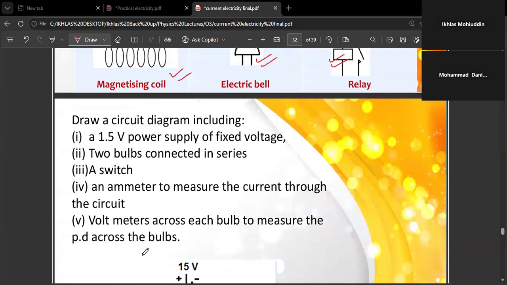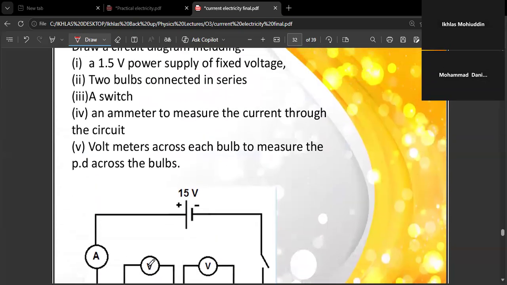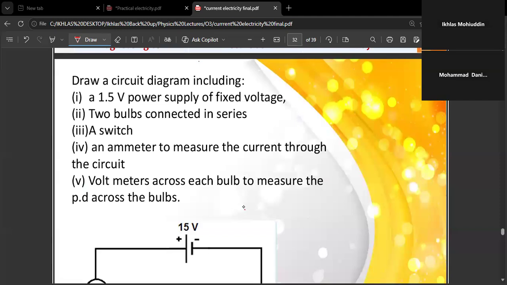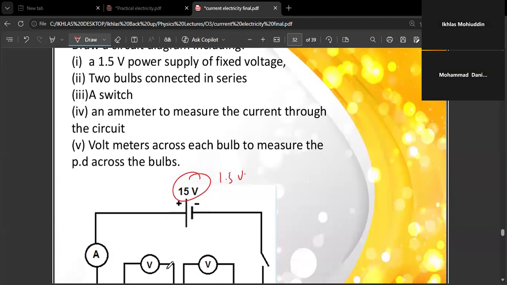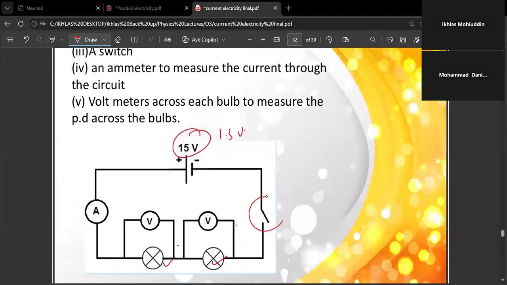So draw a circuit diagram including a 1.5 volt power supply of fixed voltage. So we have drawn this one: bulbs connected in series, and a switch here, right?